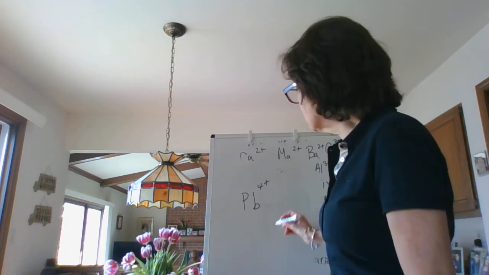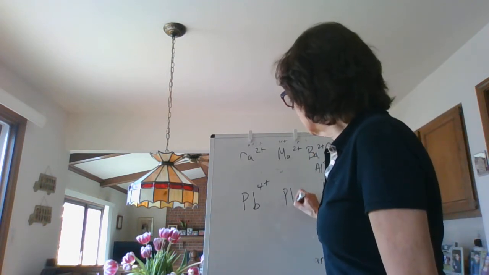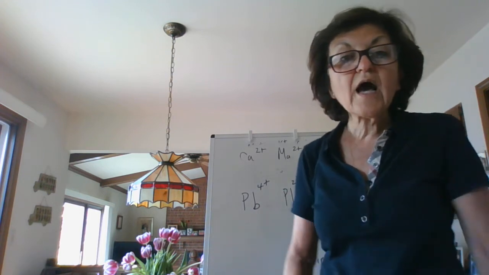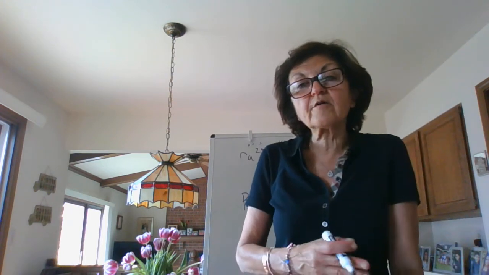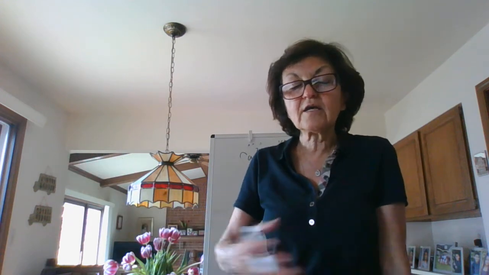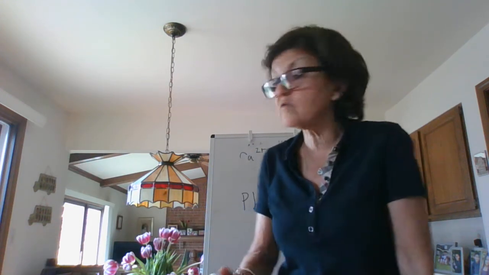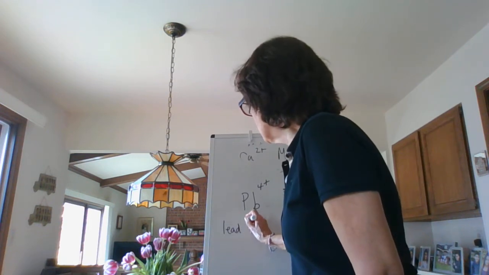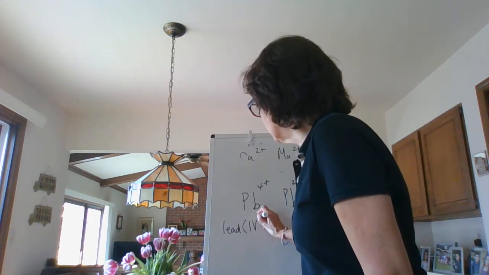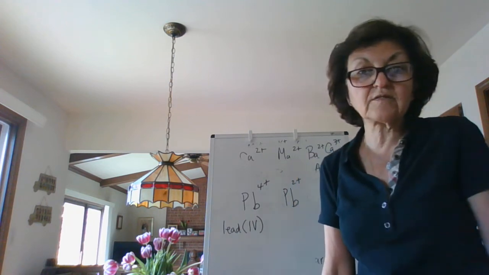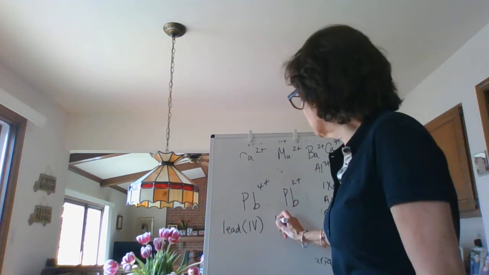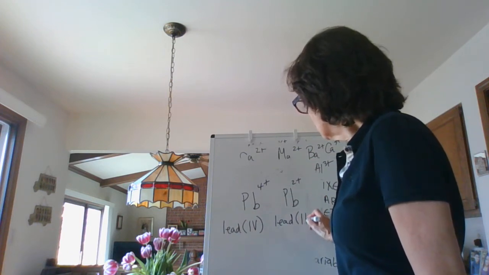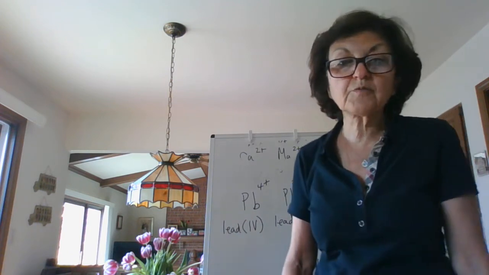And then you want to create another compound that has a lead in it, but you want this compound to have a +2 charge. How do you differentiate? You can't call the compound, let's say, lead oxide. You got to tell me, which lead do you want me to use? So with this one, it would be lead and then open parentheses, Roman numeral 4, close parentheses. And then this one would be lead, open parentheses, Roman numeral 2, close parentheses.